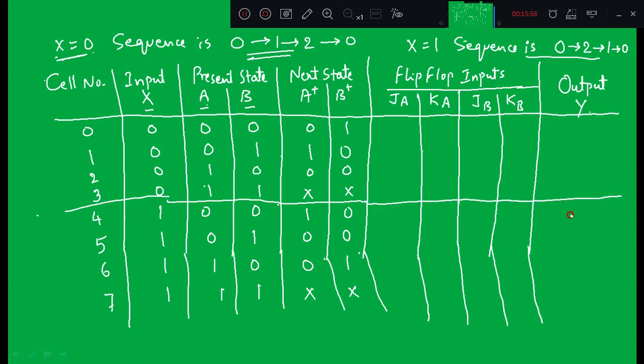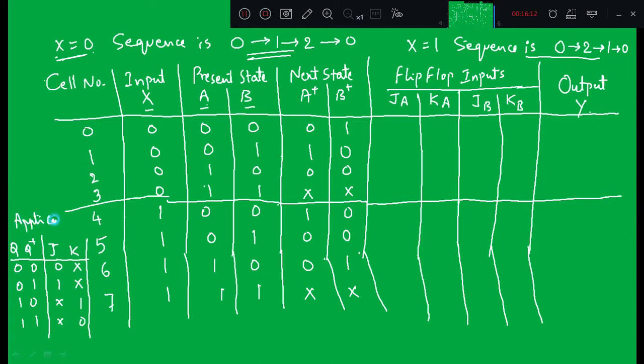So now we will write the flip-flop inputs. To fill out the columns of JA, KA, JB and KB, we need the application table of JK, right? The same table we used while filling out the excitation table while designing the counter. Okay.